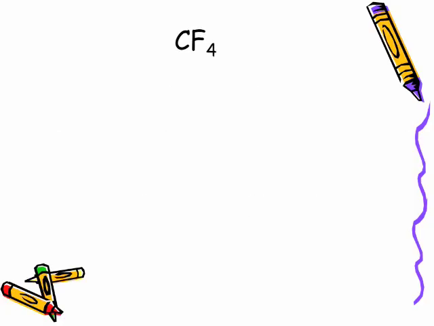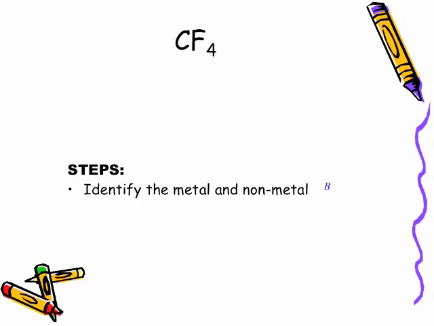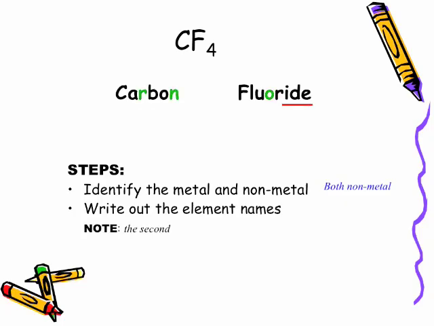So for CF4, we're going to identify metal, non-metal. Both are non-metal. We write out the element names, so we have carbon and fluoride. Remember, an IDE ending for the second element in the compound.